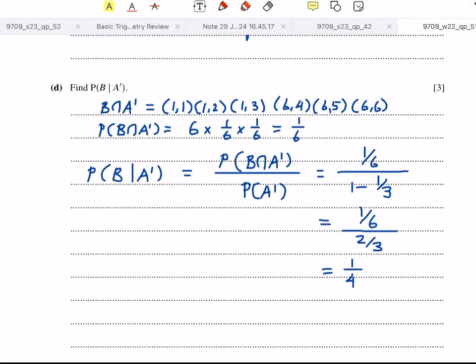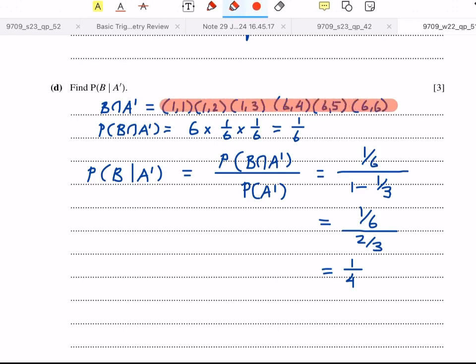And then for part D, find probability B given A complement. So first find B and A complement. This is the list of B and A complement.